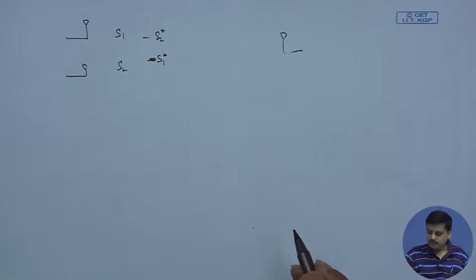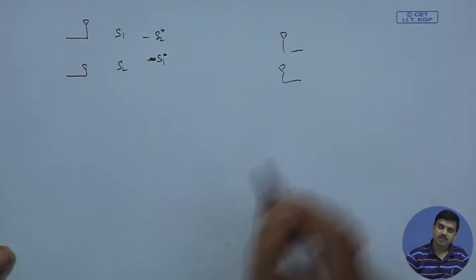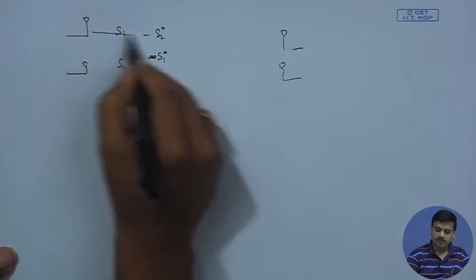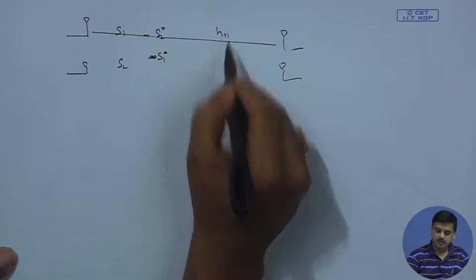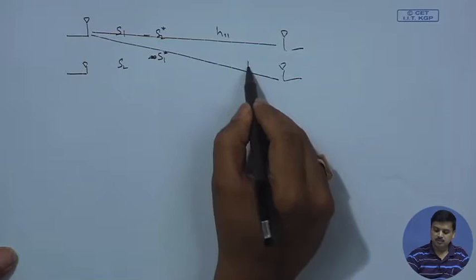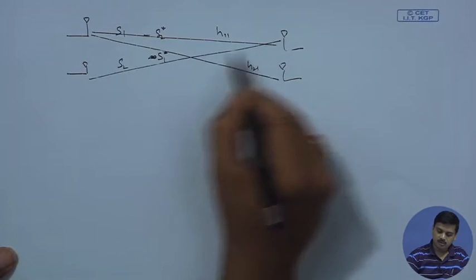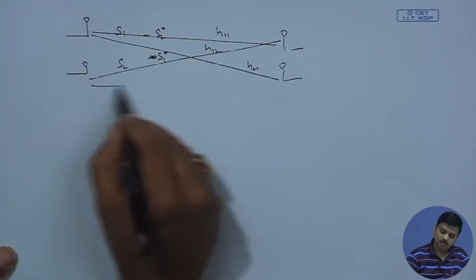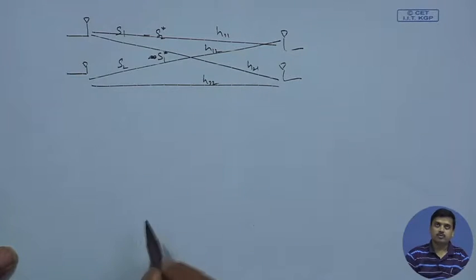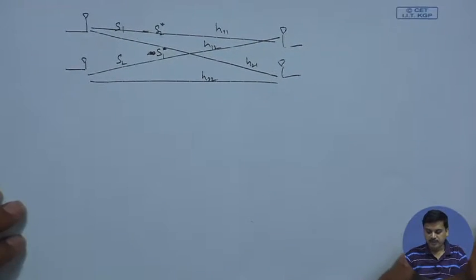So now instead of having only one receive antenna, could we have a scheme where we have 2 receive antennas? That means we have H11, H21, H12, and H22 as the links. This could be a slight modification of the earlier scheme.